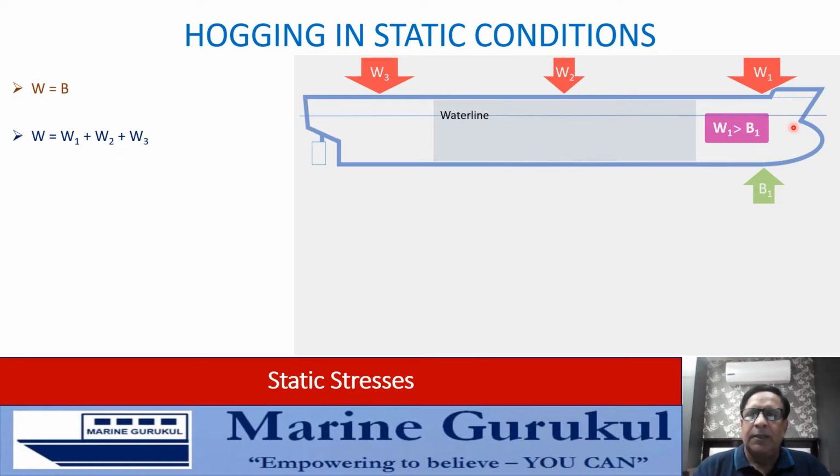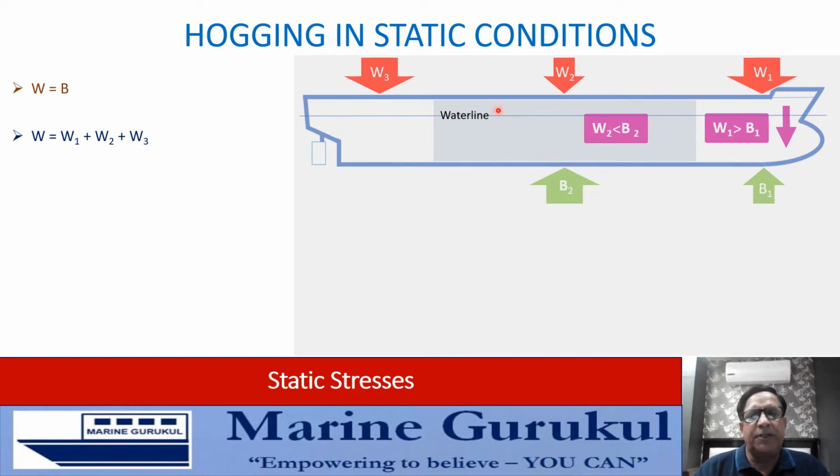That means as far as the forward region is concerned, the resultant force between displacement or weight of the ship and the buoyancy is acting downwards. Why? Because W1 is greater than B1. In the middle part or in the midship region, the buoyancy is B2, and here we are assuming that B2 is greater than W2, or W2 is less than B2.